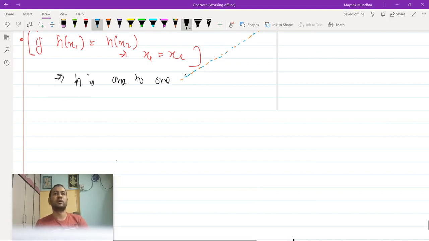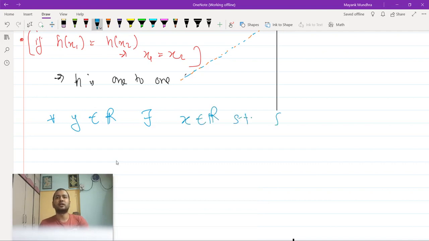Now we need to prove the onto part. Is there any point which is not being mapped? So for every y belonging to R, there exists x belonging to R such that h(x) equals y.